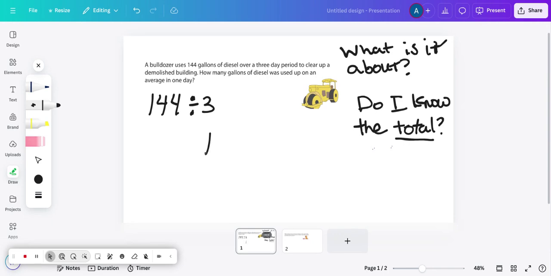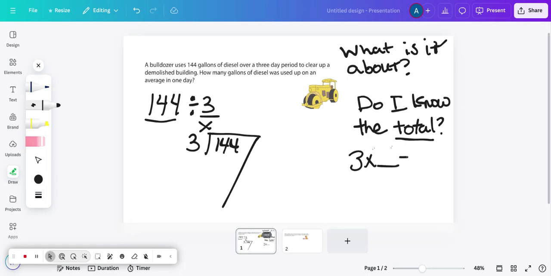So we're going to be making our Big 7. The total is going to go under the bracket, and our part is going to go on the outside. And we want to remember 3 times something is going to equal 144. Now, next to my Big 7, I like doing my hashtag.